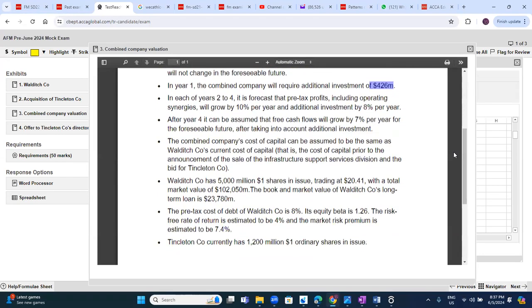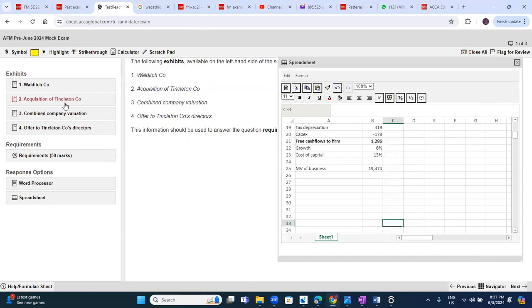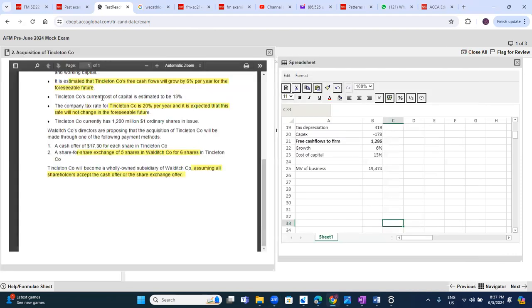I think no information is given about the debt. No debt information is given. Although the question writer has used the words cost of capital, that information is not given. So we are assuming that there is no debt, as no information is given.